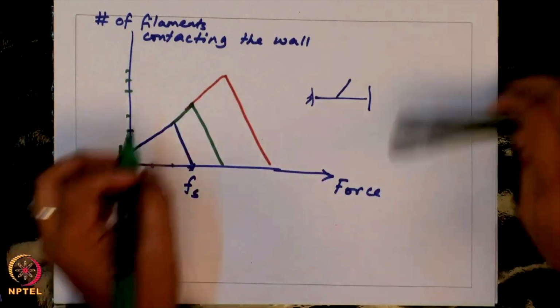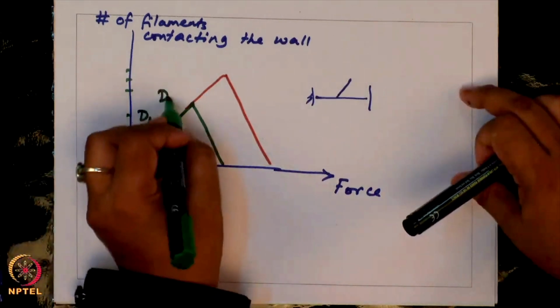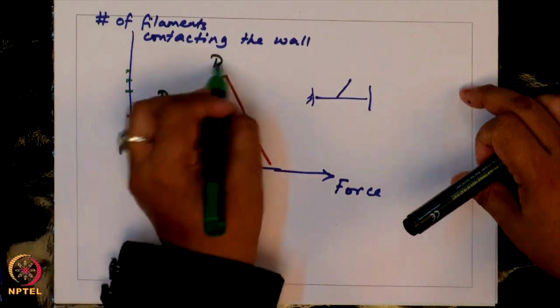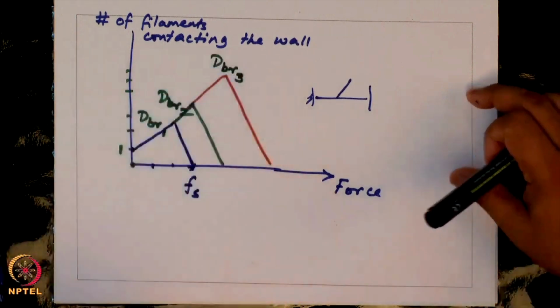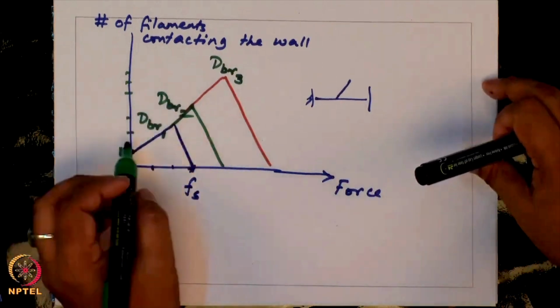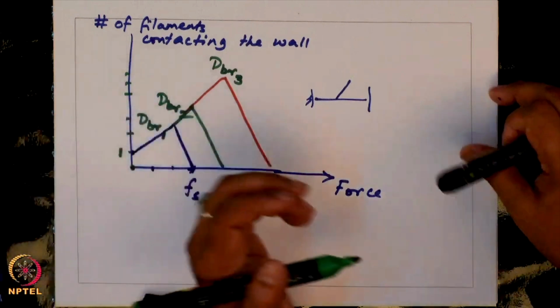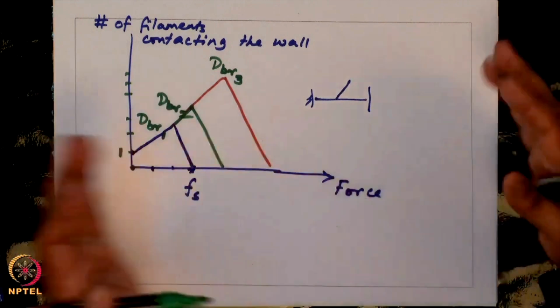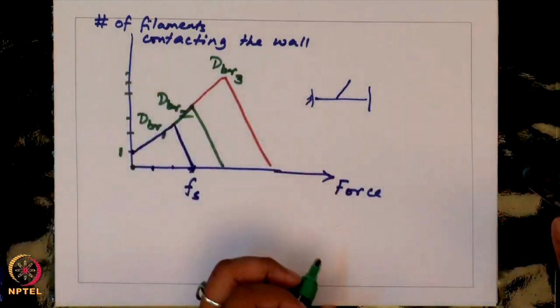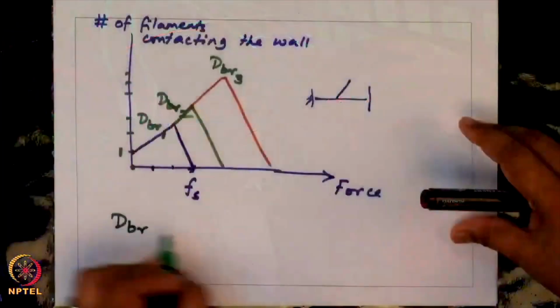So, this is the lowest dBr value, dBr 1, dBr 2, dBr 3. As you increase the values of dBr, your curves will shift up and up. So, you see how this system can change and how the stall force of the system is determined by the branching architecture of the network, which in turn is dependent on dBr and dwall.